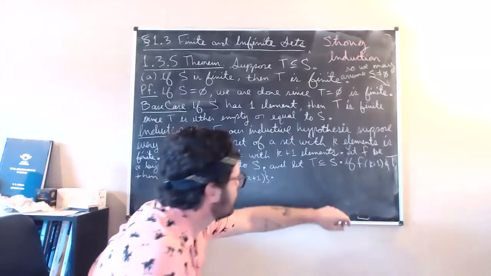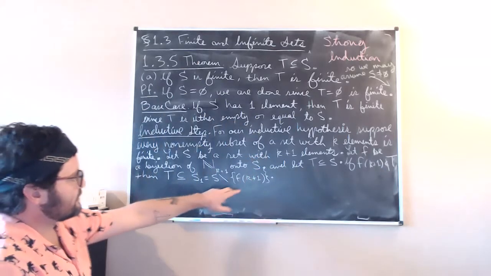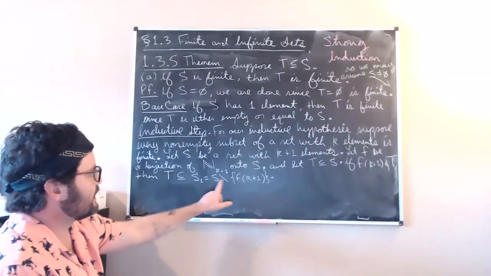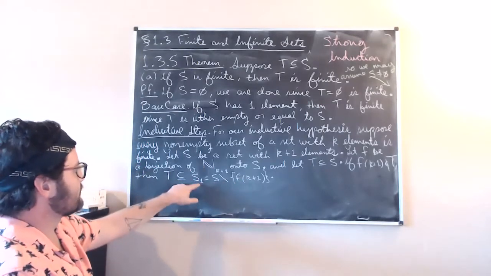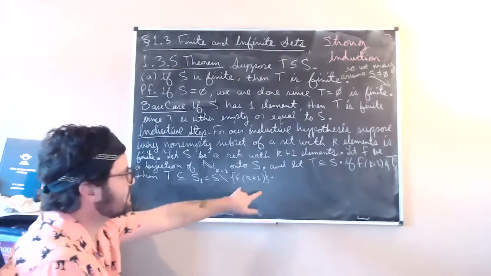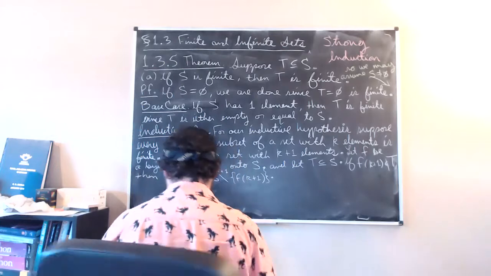That element is in S, but it's not in T. So since this element wasn't in T, if we take that element out of S and call that set S1, T is still contained in there, because we're assuming that it is not in T.